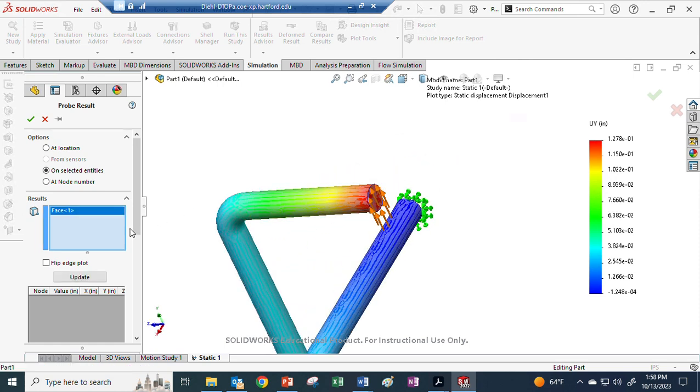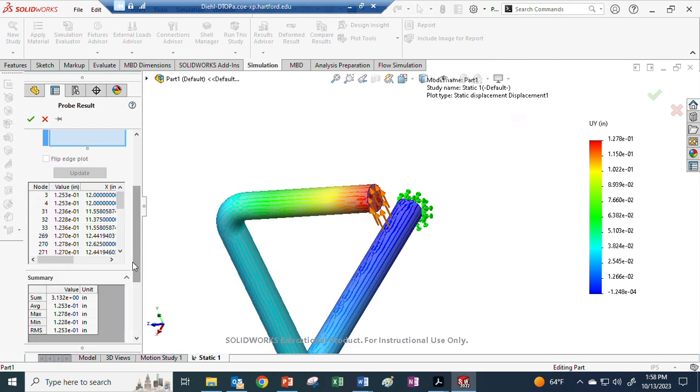So here, update, come on. And yeah, well now we got more than the FEA, which makes a little bit more sense because we're having these fillet radii, 1.253.